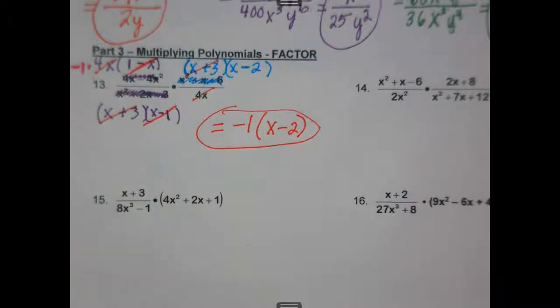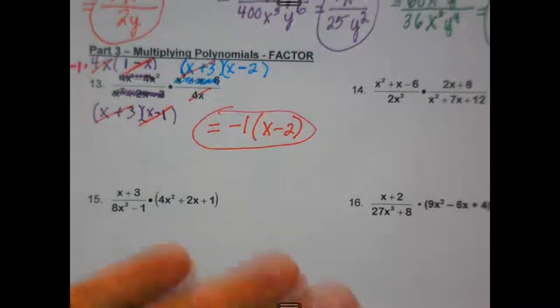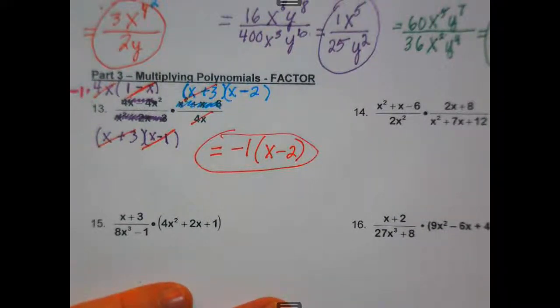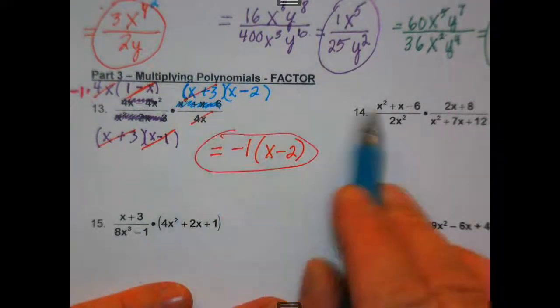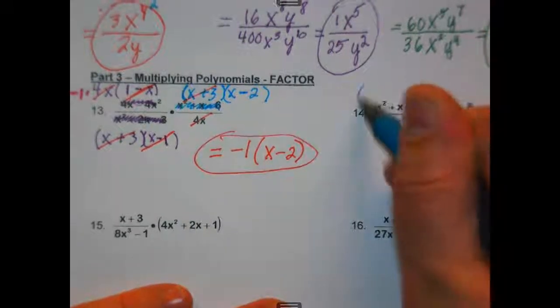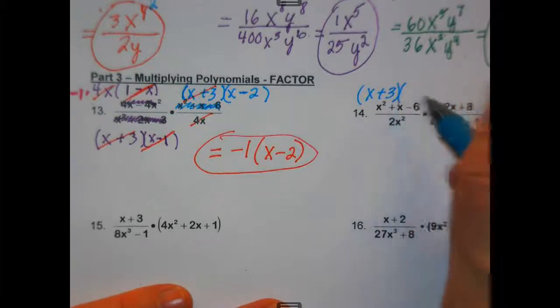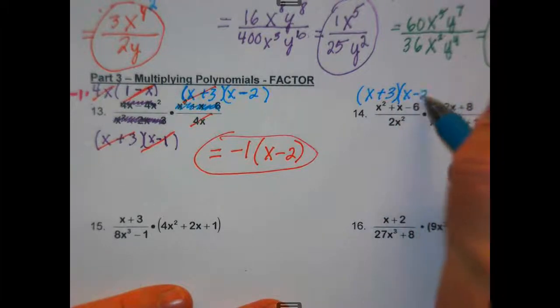All right, number 14. Back to the top. In fact, we just factored this, didn't we? Same thing as over here. So that's x plus 3, x minus 2.